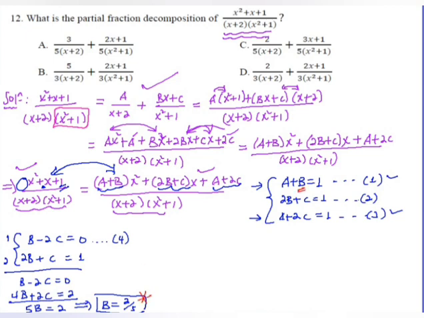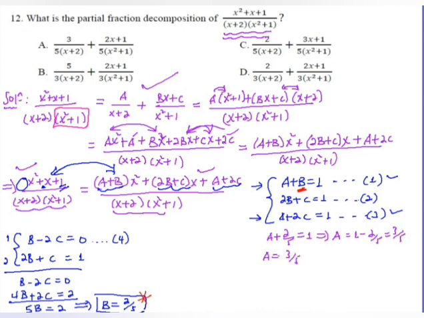In place of b here, you can substitute the b value to get the value of a. So a plus 2 over 5 is equal to 1, which implies a is equal to 1 minus 2 over 5, which is 3 over 5.